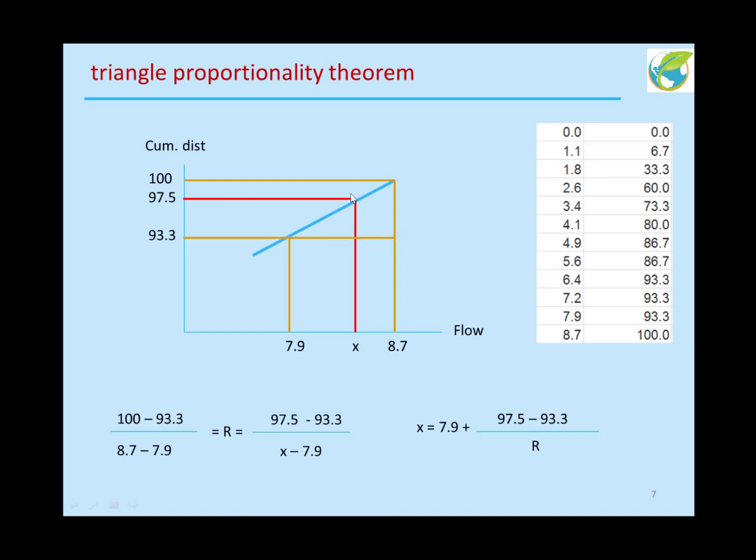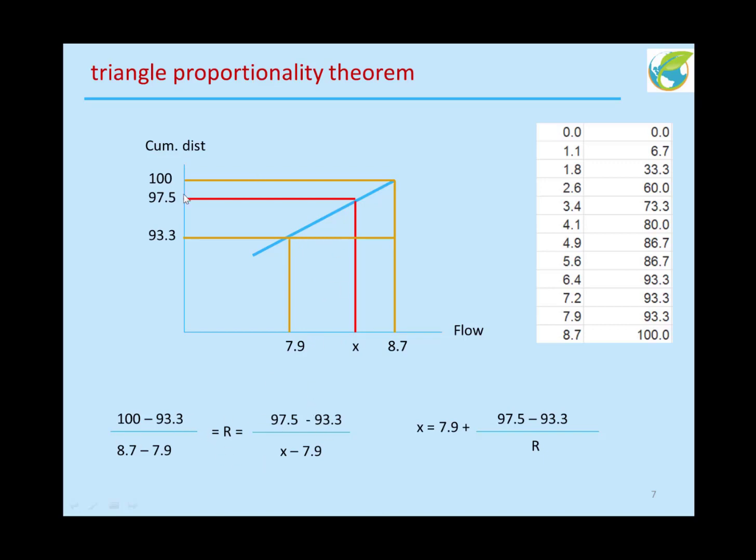So here I have 100 minus 93.3 divided by 8.7, which would be that distance, minus 7.9 would give me this distance here, or that distance there. That's my ratio.